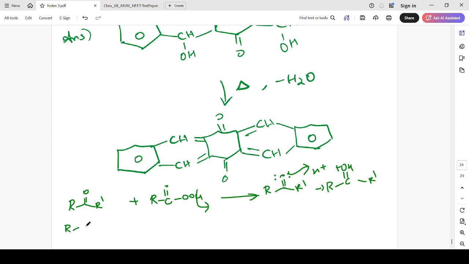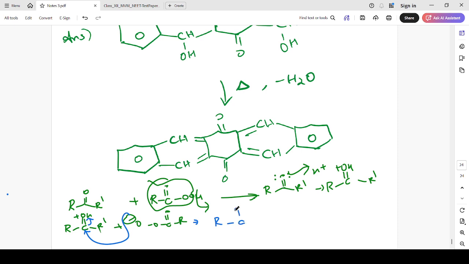Now in the next step, with RC=O+H R' there, you would have formed an anion here, O minus OC=OR. This goes for an attack, so that you have RCOH R' here, with this OOCOR.